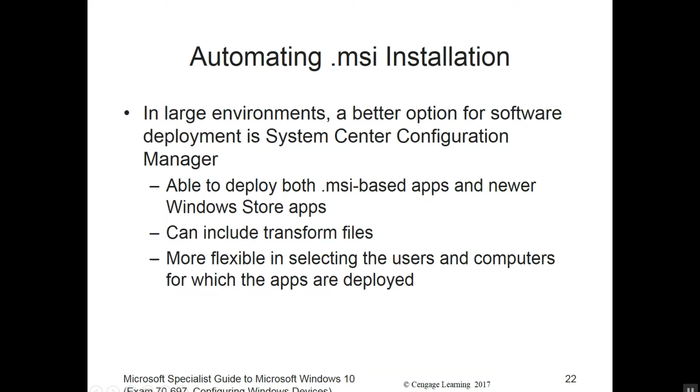In large environments, a better option for software deployment is the System Center Configuration Manager. You're able to deploy both MSI-based apps and newer WinStore apps. It can include transform files, and it's more flexible in selecting users and computers for which the apps are going to be deployed.